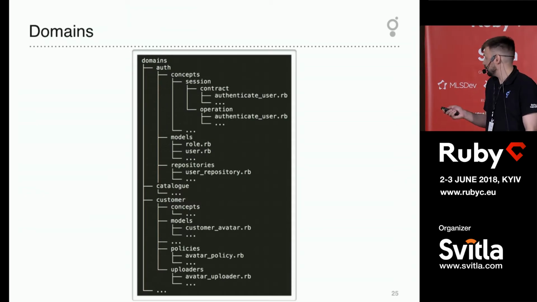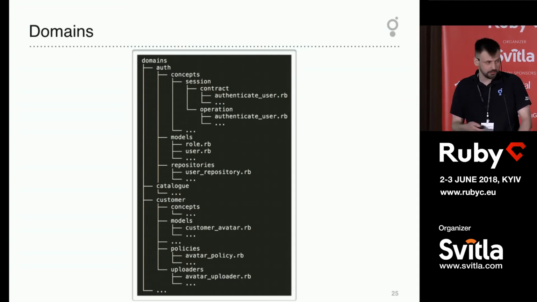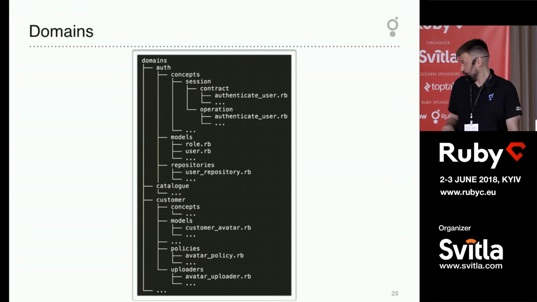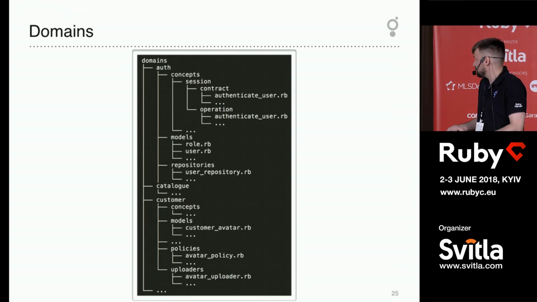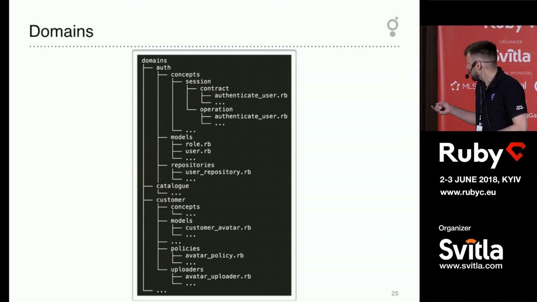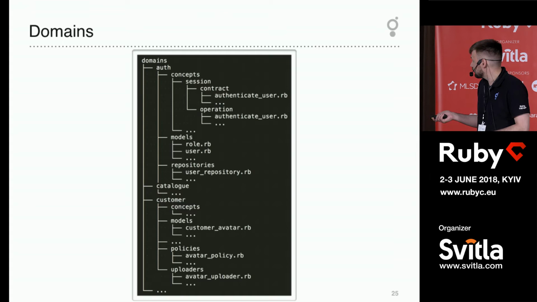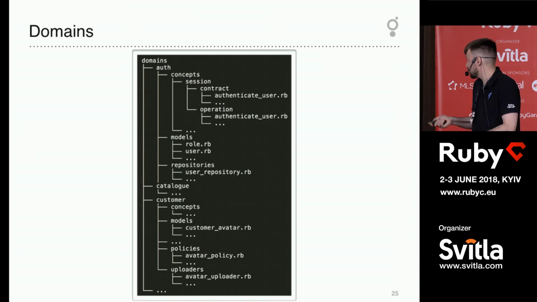Now a little bit deeper into our domains and tools, and what we decided to use. We have a concept, which is from Trailblazer. We have a contract to work with forms. We have an operation, which is our use case. We have models, which are our entities.